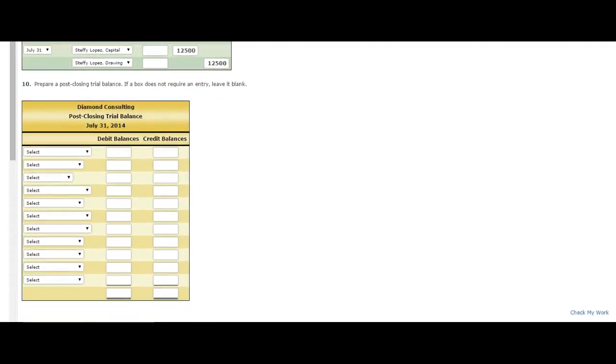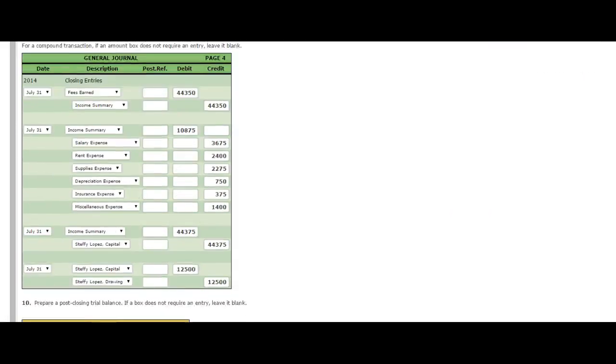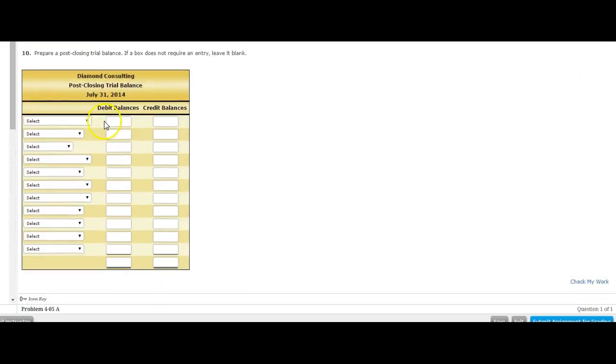Then all you do is pull that post-closing trial balance, and the numbers, if you look at it, are basically the balance sheet's numbers up here. So you just go down the row with cash, debit balance 32,450.